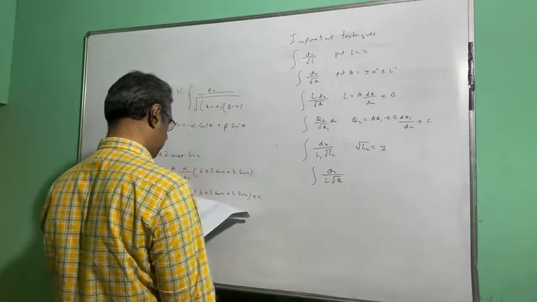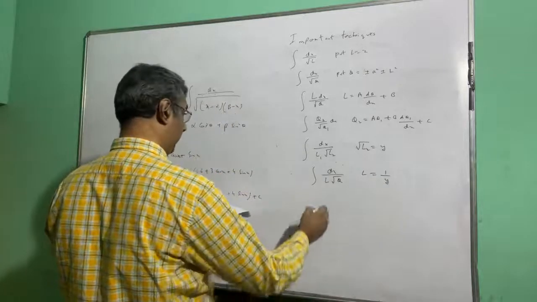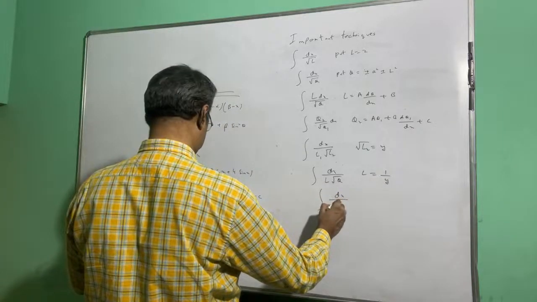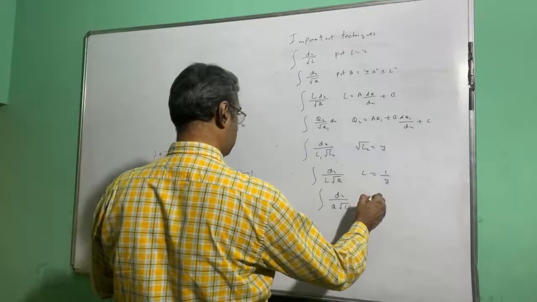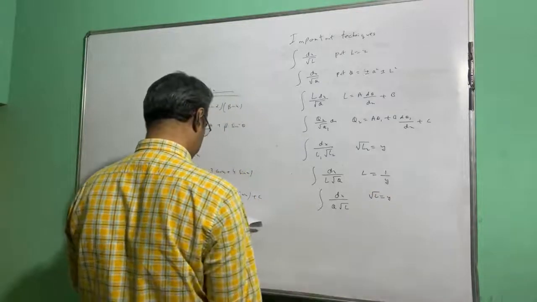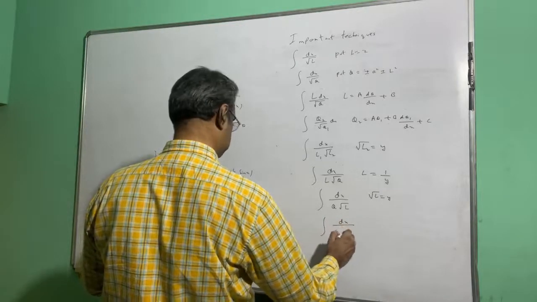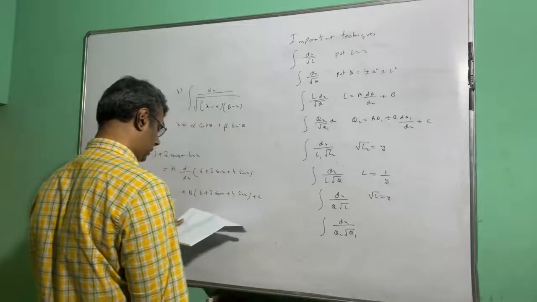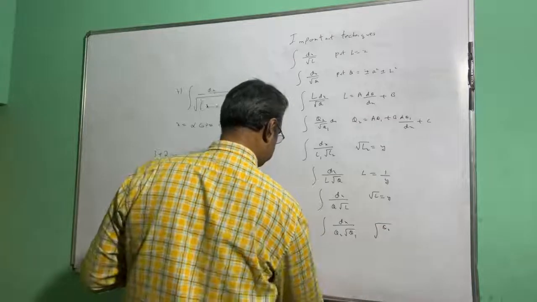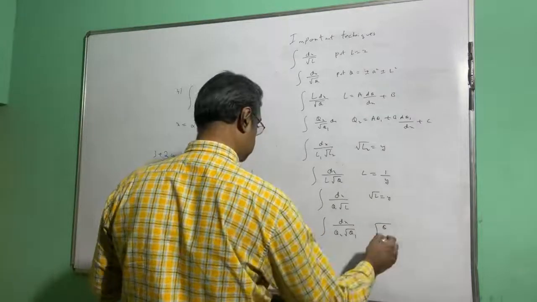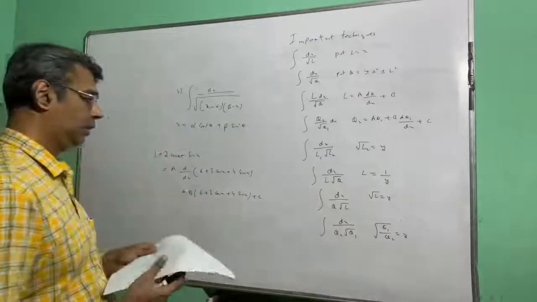Dx by linear root quadratic, you put linear equal to 1 by y. Dx by quadratic root linear, again you put root linear equal to y. Dx by q2 root q1, you put root over q1 by q2 equal to y.